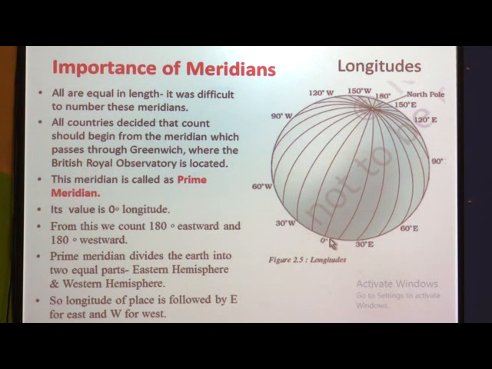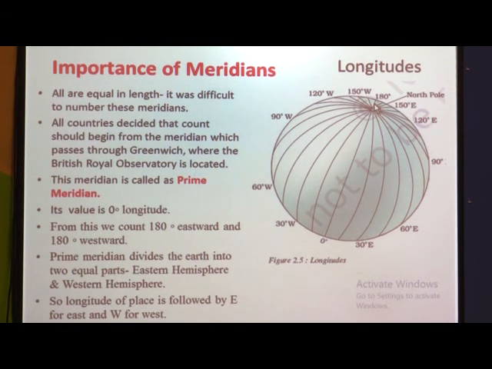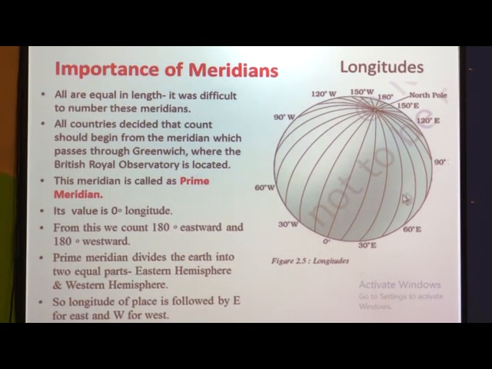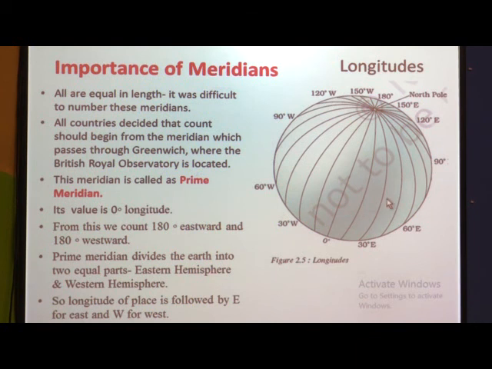Okay, this 0 degree is called as prime meridian, and exact opposite to this is the International Date Line. To the east of this 0 degree there are 180 longitudes. Okay, and again to the west of this 0 prime meridian there are again 180 longitudes. This prime meridian divides the earth into eastern hemisphere and western hemisphere.